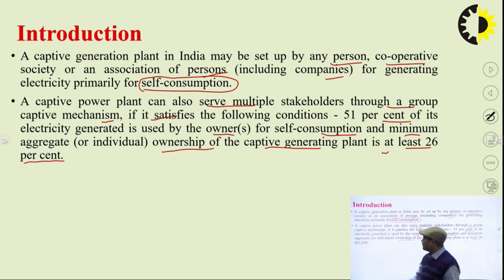So, minimum is 26% and you can go up to 100%, but normally the government says that 51% of the electricity generated should be utilized by the owner only, and it should not be sent to the grid.